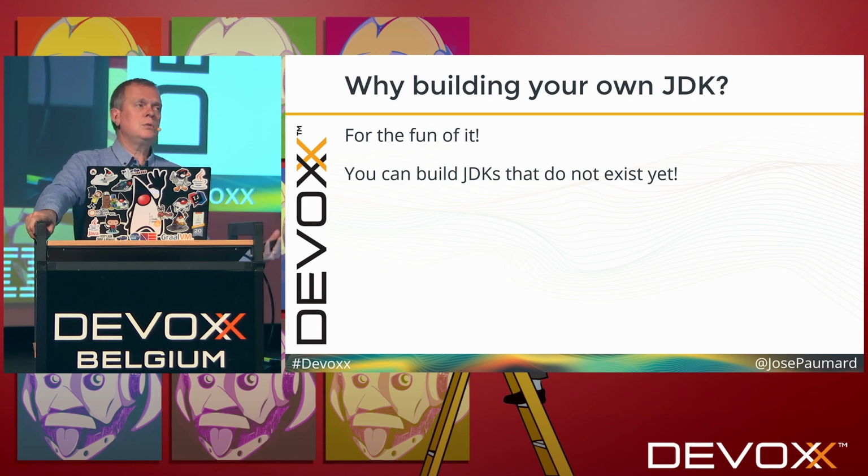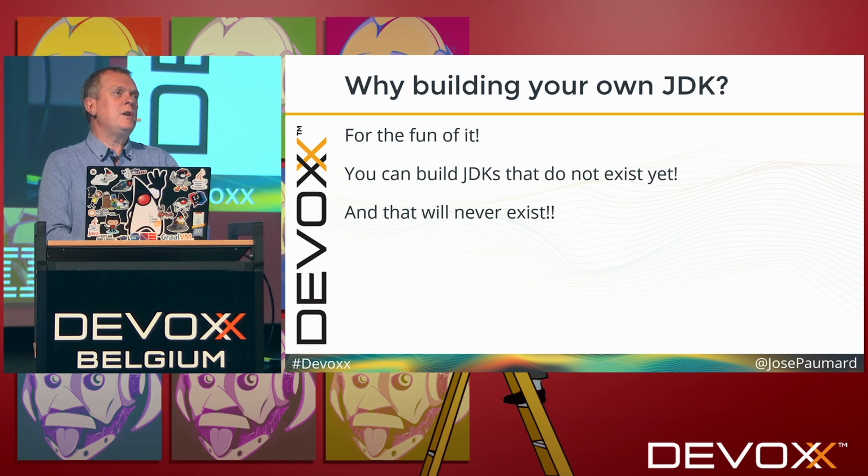So if you want to test those features, the records, the pattern matching, all things in the Valhalla, in the Amber, in the Panama project, well, you can just take the branches of code, build this code yourself, and try it, and see if it works, and experiment with it, just like this. So you can build those non-existing JDKs, and probably JDKs that will never exist.